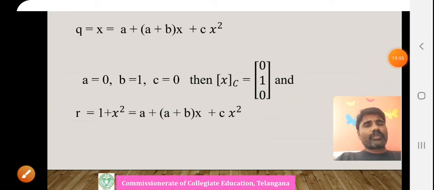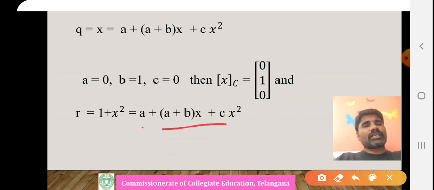Now let us take the last element, 1 plus x square. Let r equal 1 plus x square. It can be written as a linear combination of 1 plus x, x, x square. Therefore it is a plus bx plus cx square. Now equating the coefficients on both sides.